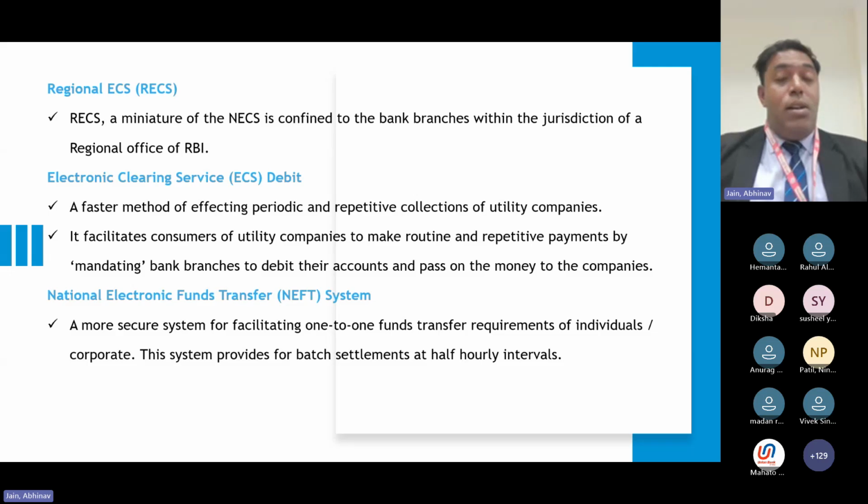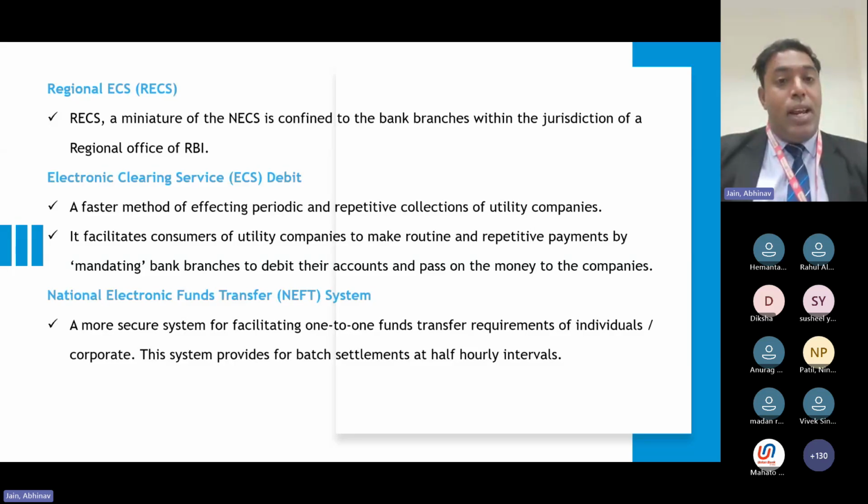The next mode of remittance is NEFT, National Electronic Fund Transfer. It is the most secure one-to-one fund transfer between individuals and corporates, and batch settlement at half-hourly intervals takes place here. National Electronic Funds Transfer is settled in half-hourly intervals.